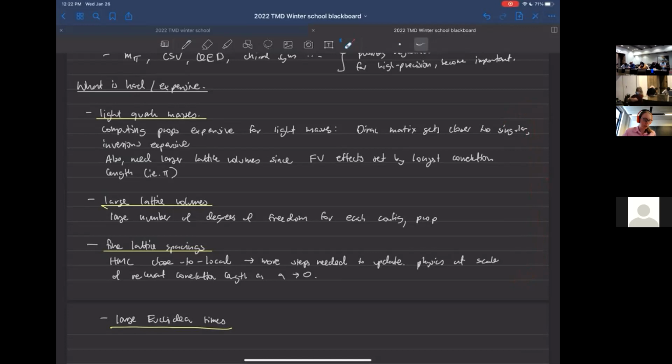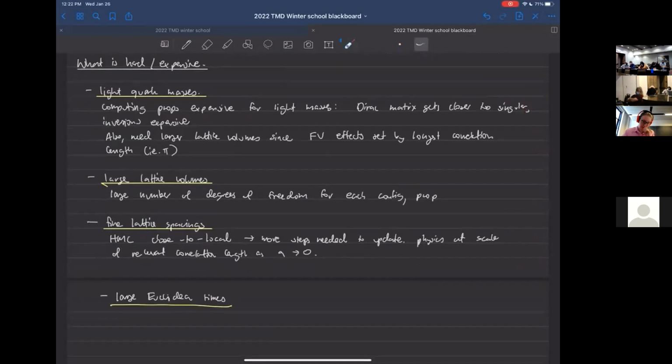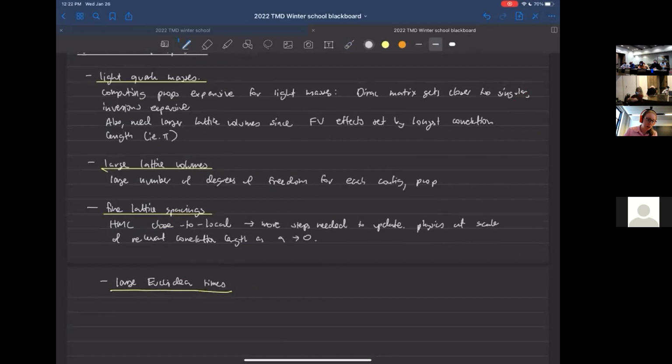But also when you're doing your calculation, remember we had the effective mass as a function of Euclidean time, and I said that the uncertainties grow exponentially. So large Euclidean times get noisy. And so I'm going to try to sketch an argument for that. Of course we want to go to large Euclidean times because that's what damps the excited states.